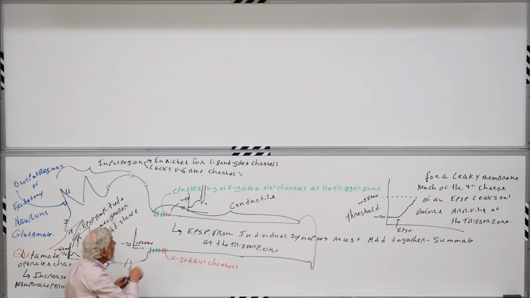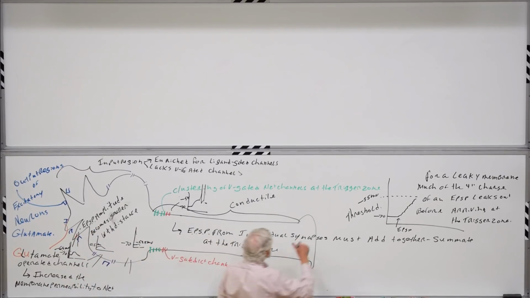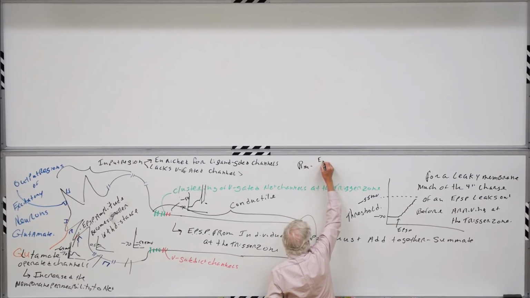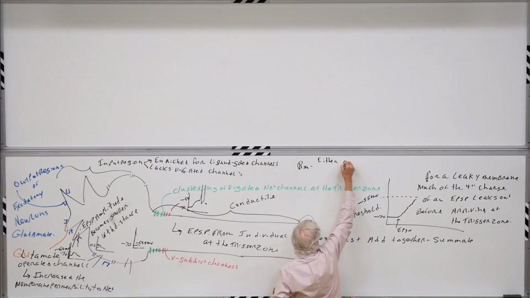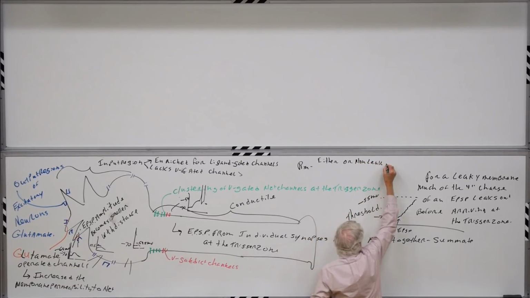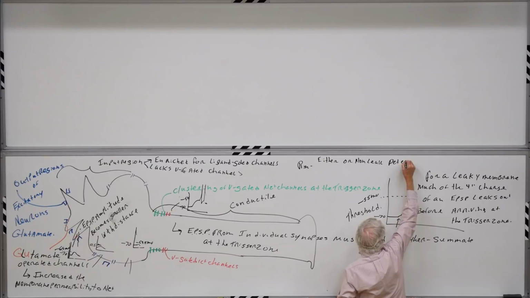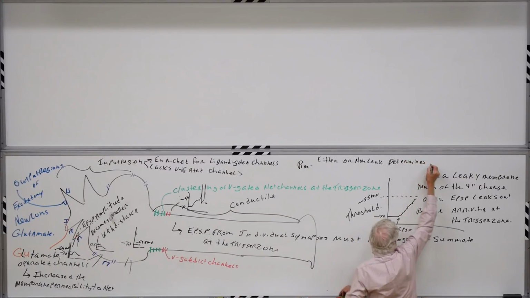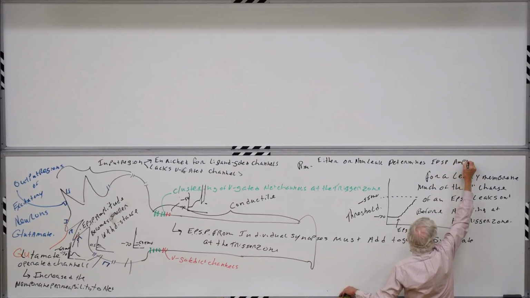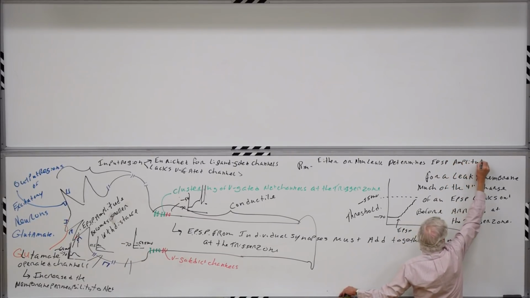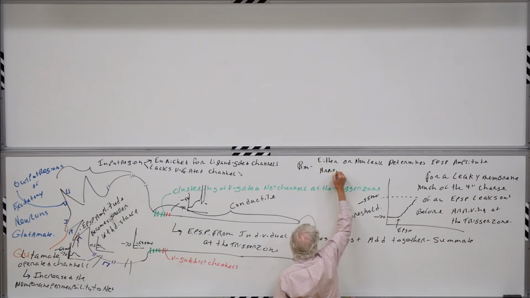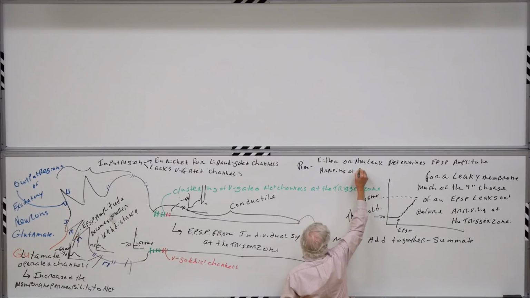That's a fancy way of saying that the membrane resistance, R sub m, that is either leaky or non-leaky, determines EPSP amplitude arriving at the trigger zone.